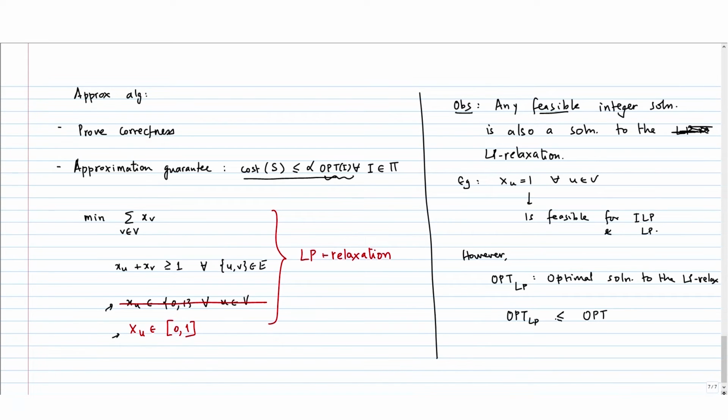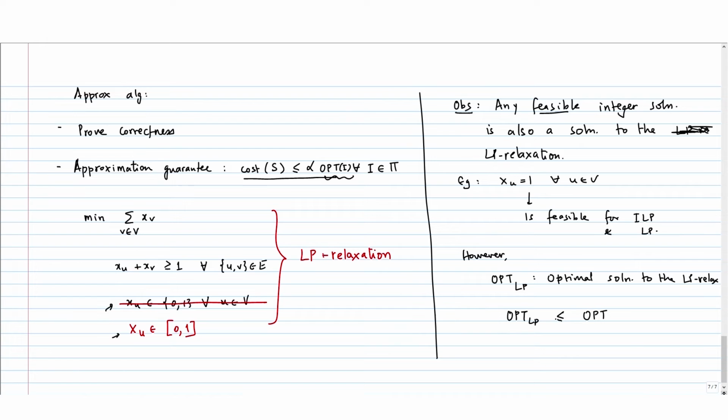So, this is the key thing. Every solution to the integer program is also feasible for the linear program. Therefore, if you take the optimal solution for the integer program, that is also a solution to the relaxation, but need not be the optimal solution for that relaxation. The optimal solution for the linear program could be strictly smaller.